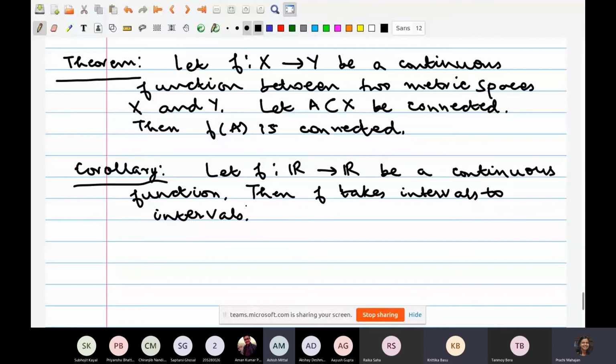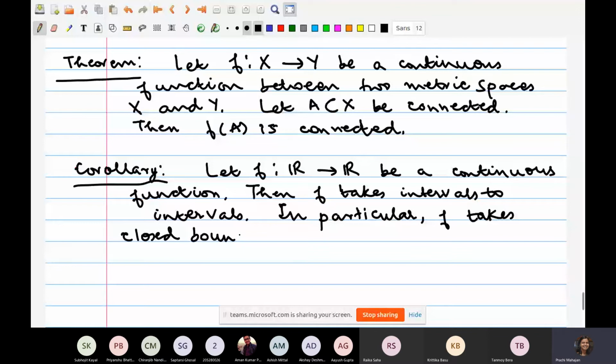So it means that it will be a closed and bounded interval. Let me also write that in the same thread. So in particular, f takes closed bounded intervals to closed bounded intervals.